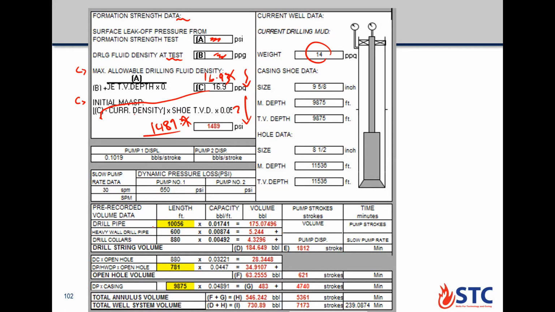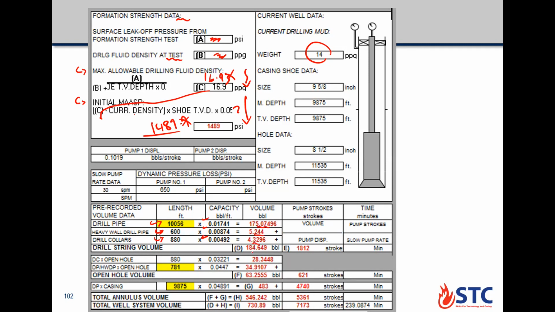Then coming to calculate the volumes for the drill string, we have 3 sections: the heavy wall given length, drill collar given length, and we calculate the drill pipe length, then multiply by the capacity of each section. Then keep 3 decimals, or 4 decimals, it's okay, but 3 decimals is just okay.